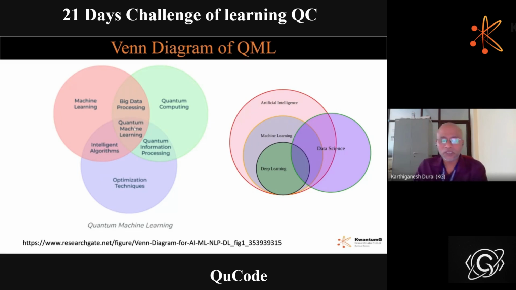So what is QML, and is it a replacement for classical machine learning? To be honest, it is not the case. Not all machine learning models can utilize quantum computing capabilities.